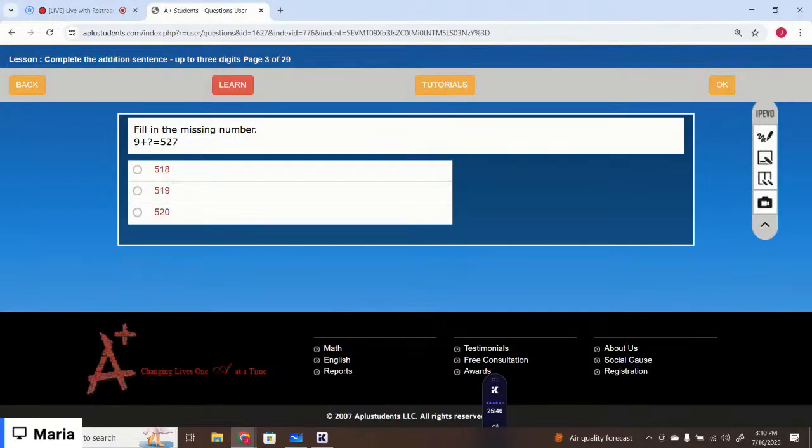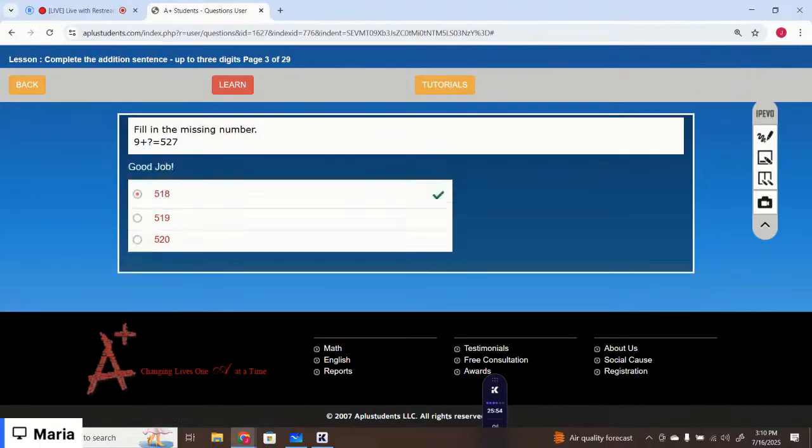So we can try the given options one by one. Option number 1 is the correct option, right? That is 9 plus 518 equals 527.